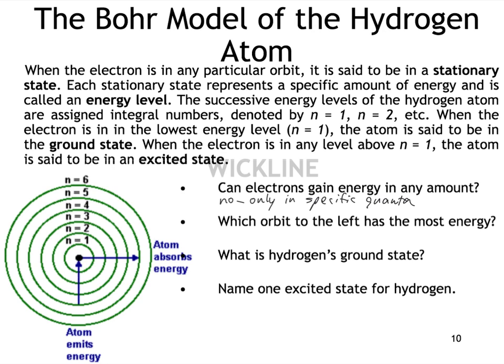In this diagram, the orbit that has the most energy is number 6 because you would have to absorb the most energy to get there. The ground state for hydrogen is n equals 1 because that's the lowest available orbit. And one excited state for hydrogen could be n equals 2, 3, 4, 5, or 6.